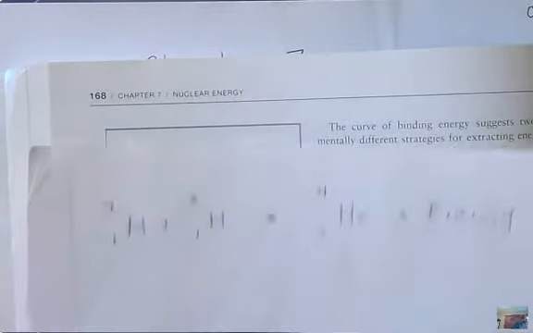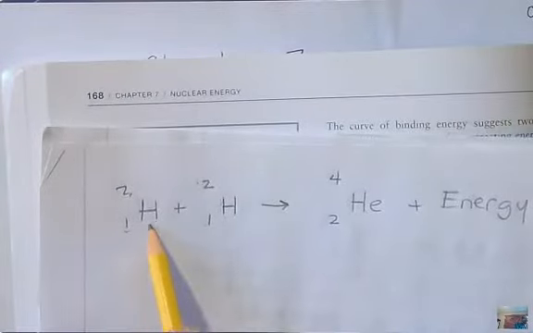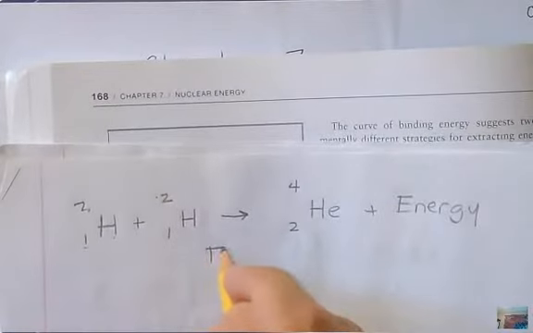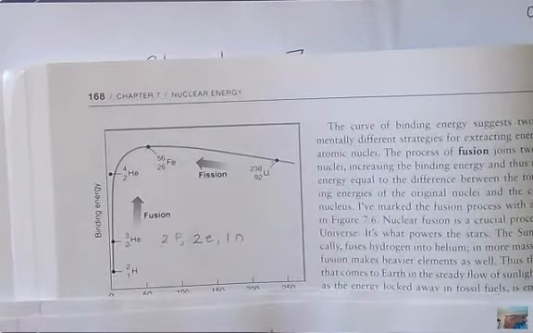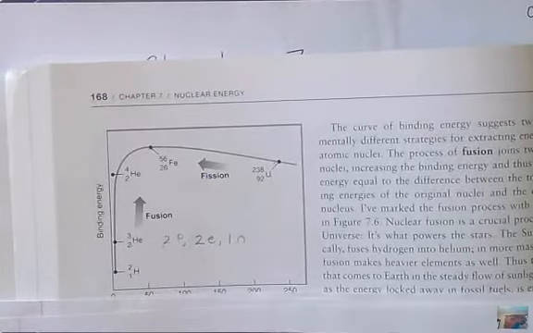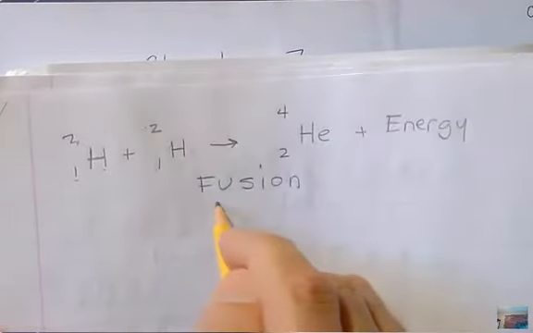Fusing small atoms together to deliver energy is called fusion. Right? So fusion, again, happens on the sun, okay? Happens in the stars.